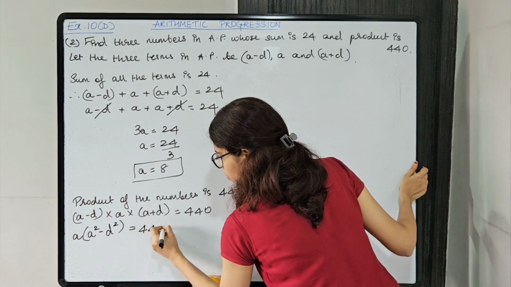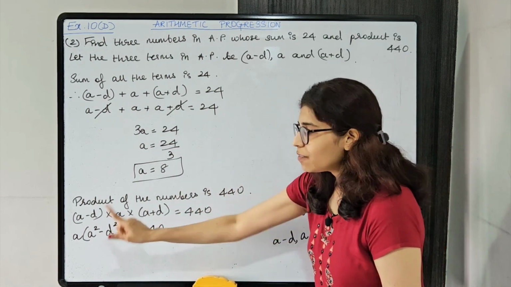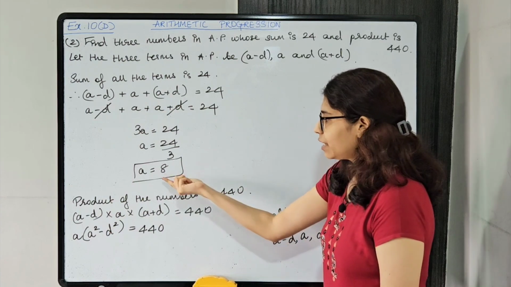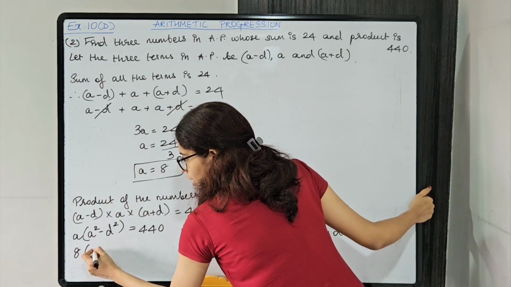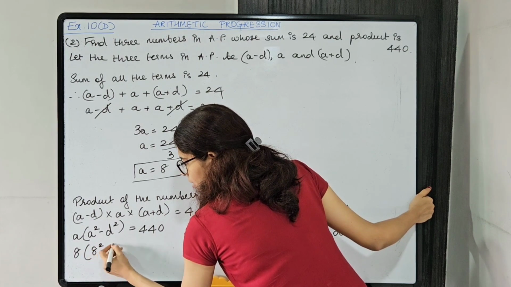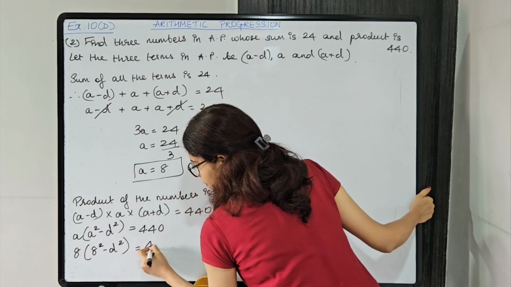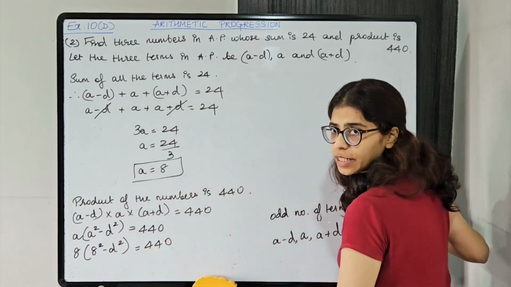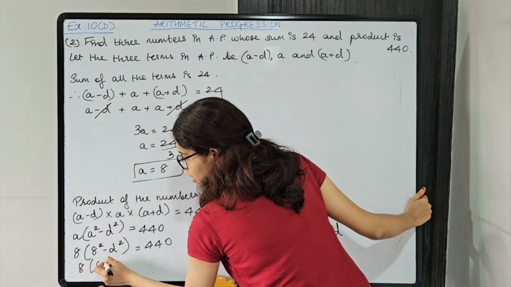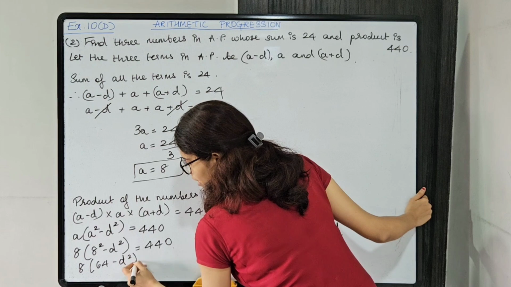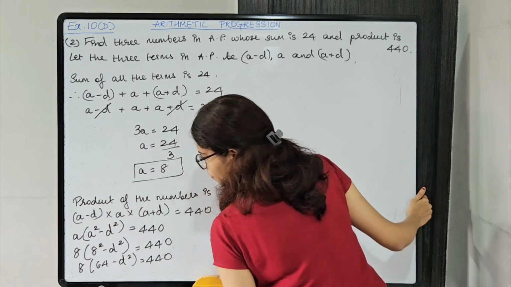So a का वैल्यू पुट करते हैं, a क्या है, 8 है, so 8 square minus d square is equal to 440. 8 square is 64 minus d square is equal to 440.